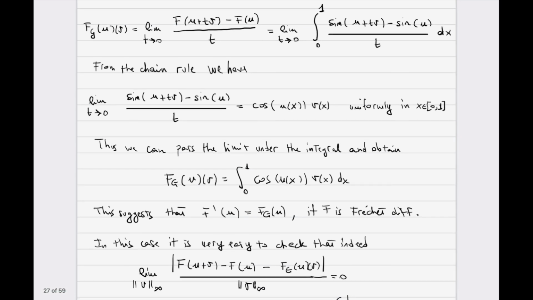Since this happens uniformly, and the interval here is bounded, we can pass this limit under the integral, and compute that the Gâteaux derivative is equal to this guy here. Notice that this is f prime, sorry. As we were saying before, we see that f prime of u is linear indeed.